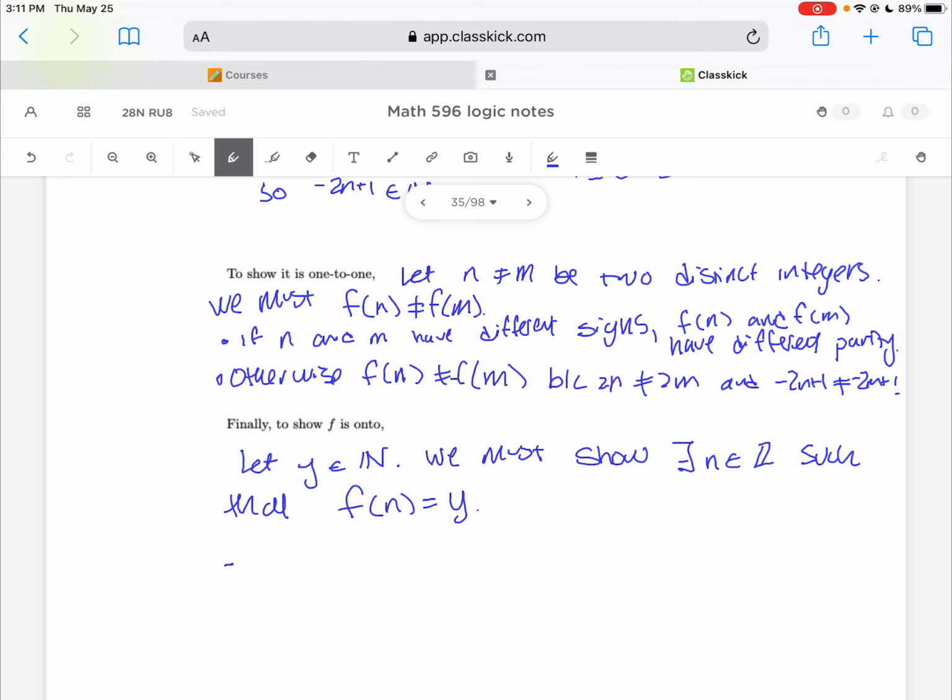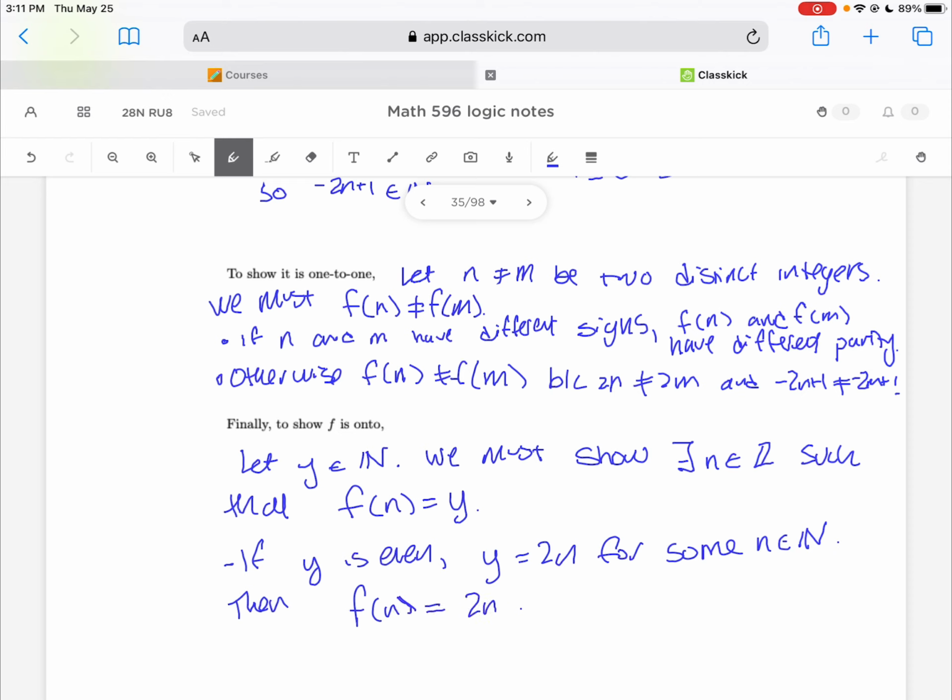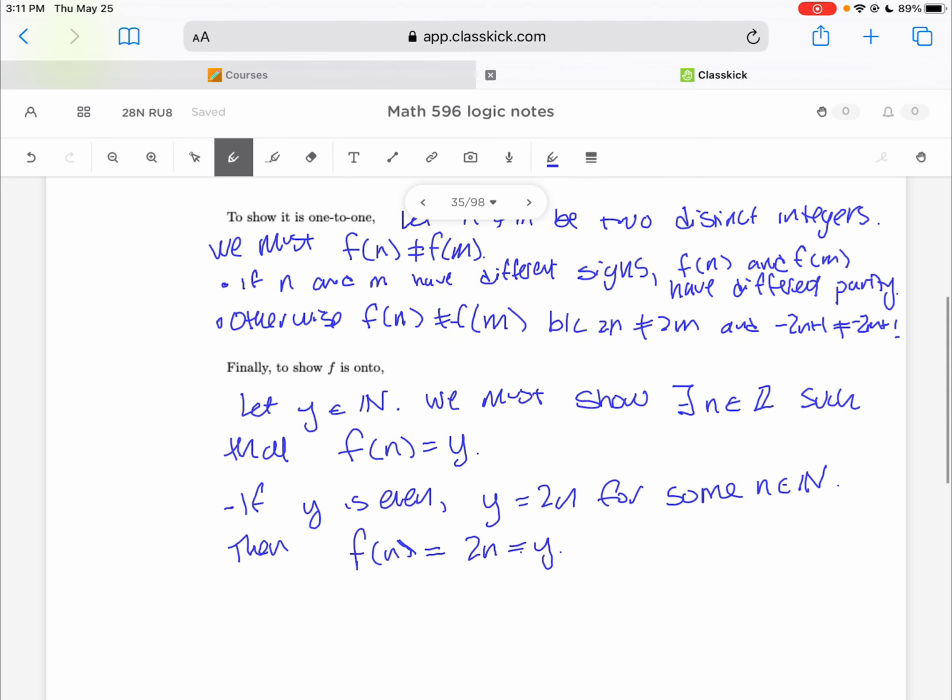Now, if y is even, then that means that y is equal to 2n for some natural number n, also for some integer n, but in this case, remember, y is a natural number, so 2n, n will be a natural number as well. And so we have that that's the n that we're looking for, because f of n is going to give you 2n, which is going to give you y. So yes, that y is going to show up as an output of this function.